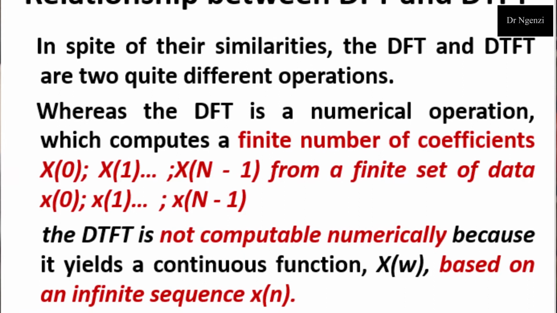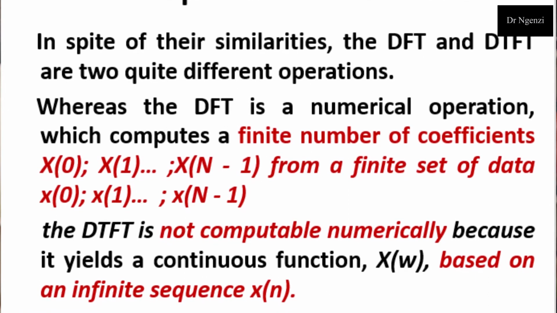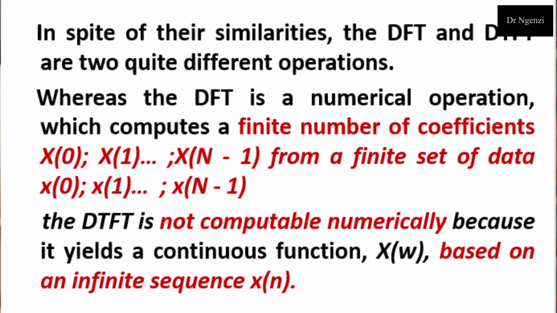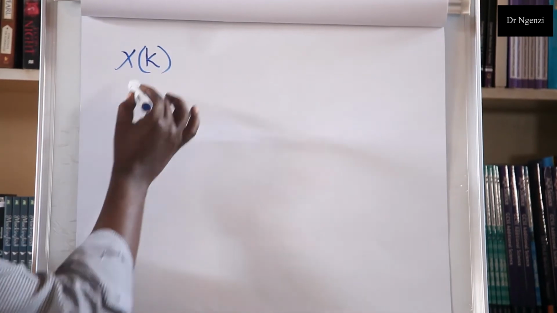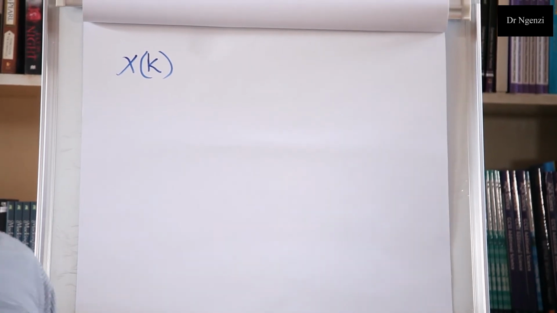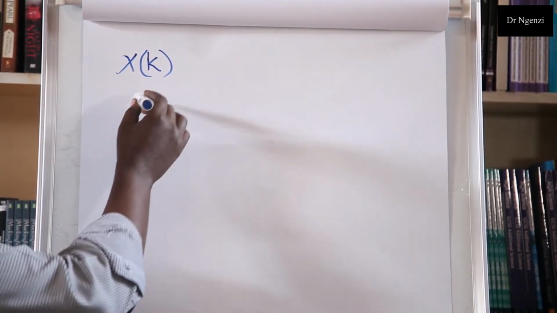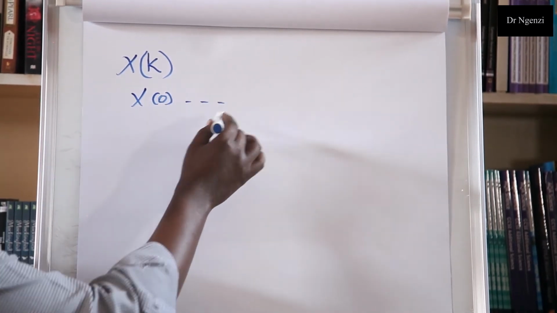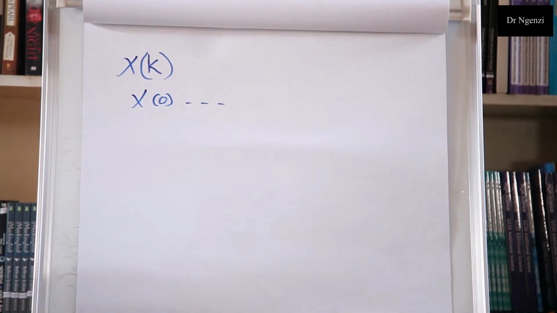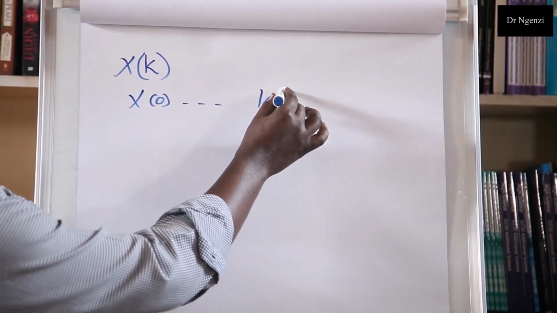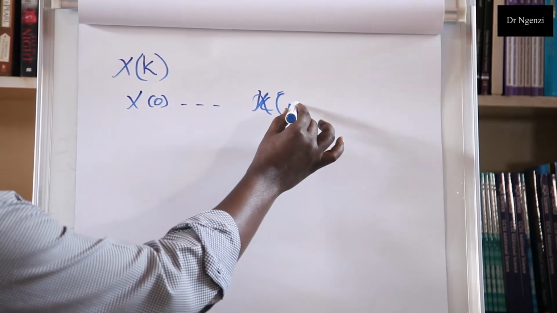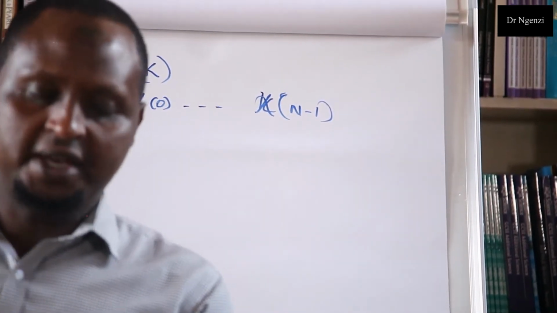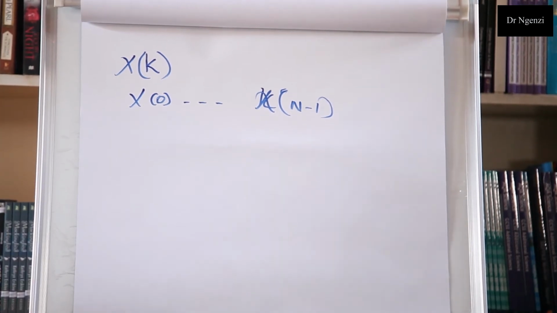If you say X of k, counted from X of 0 up to X of N minus 1, this is a finite set of data that can be analyzed.